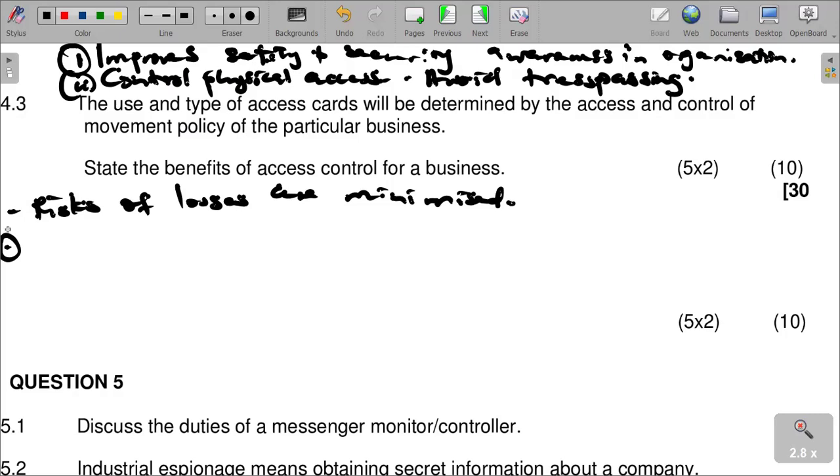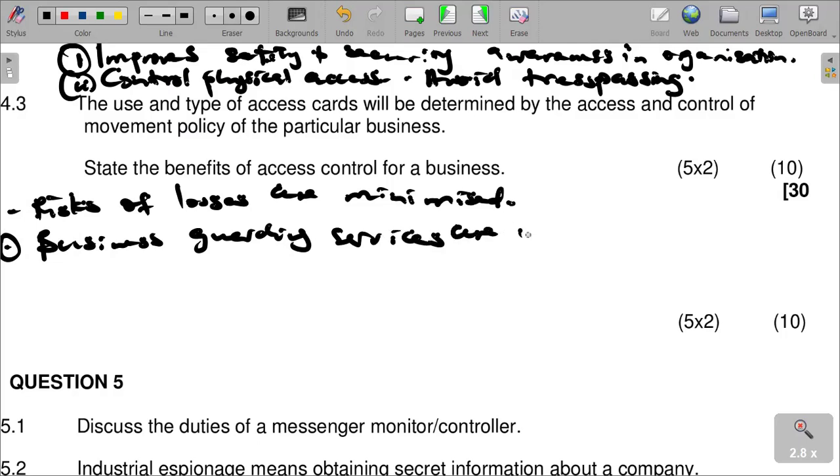And then it can also guard sections within the business; business guarding services are improved.